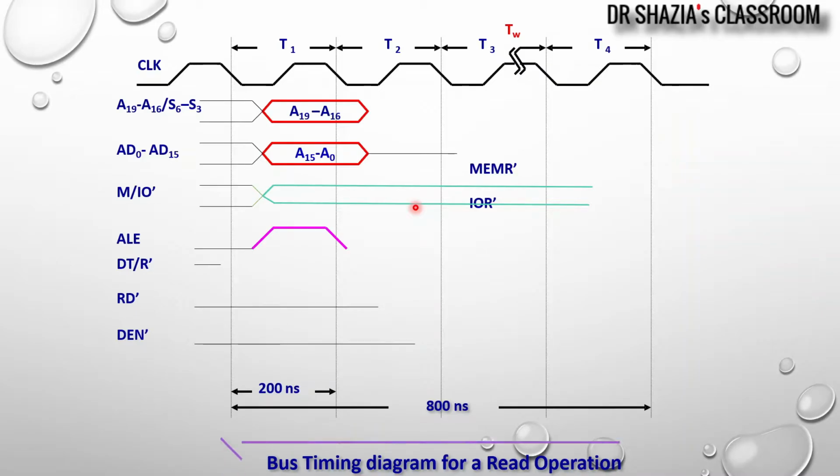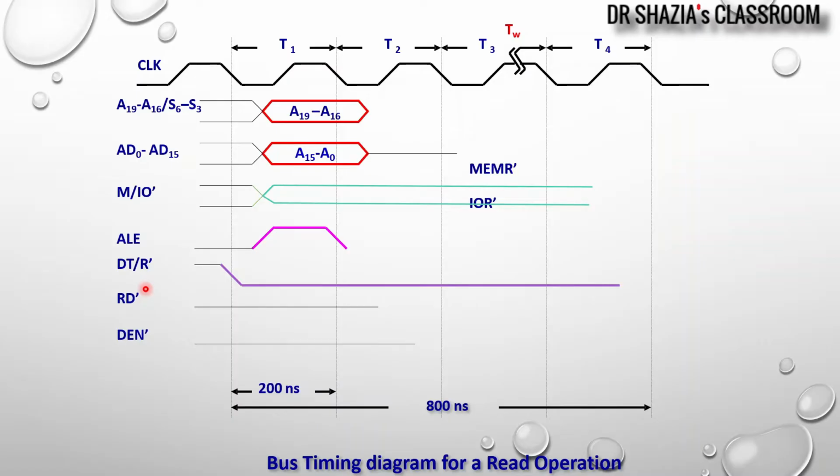Along with these signals, DT/R bar is also going to get activated in the first T state, or during the T1 state. You know that DT/R bar stands for data transmit or receive. It indicates the direction of data flow.